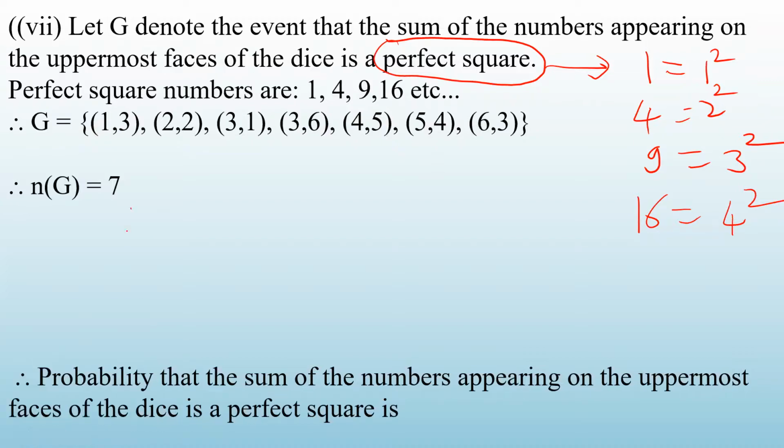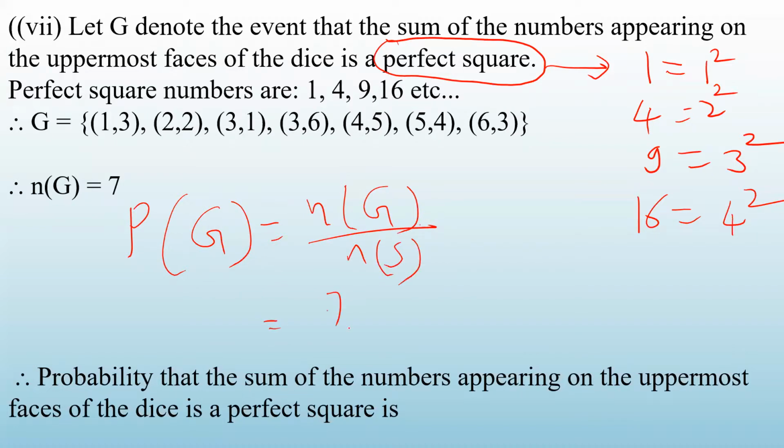Find out the probability of G. It is n of G divided by n of S, which is 7 divided by 36. How much does it come? 0.19. So 7 divided by 36 is 0.19.